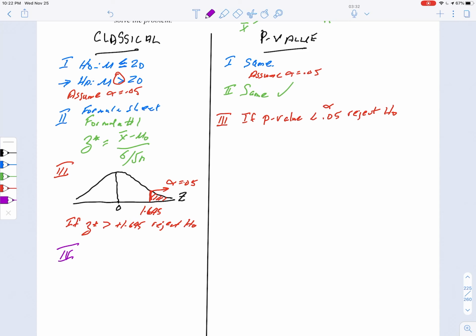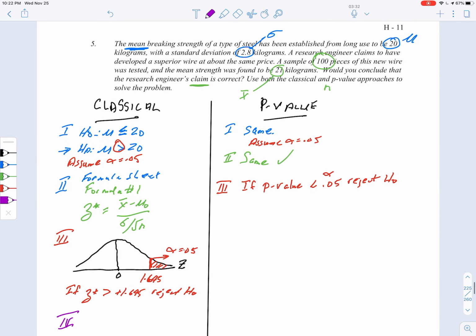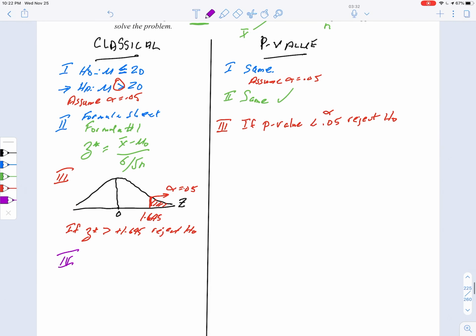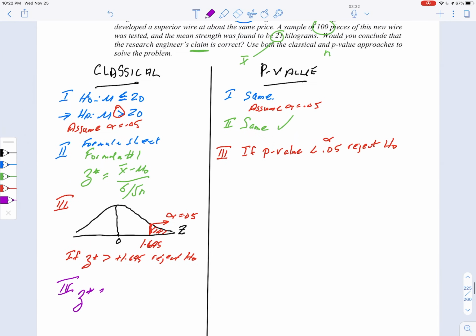Step number 4 is where we actually calculate. We take the sample and we do the calculation here. So we're going to grab these numbers and stick them into the formula. So Z star is equal to X bar, which was 21, minus mu naught, which is 20, over, what was the standard deviation?